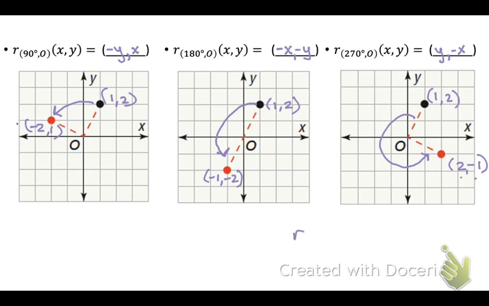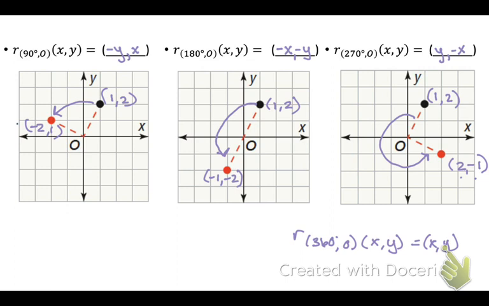Yeah, R of 360 about the origin of X, Y would just be X, Y, because 360 should put it right back where it started from. Everyone got it?